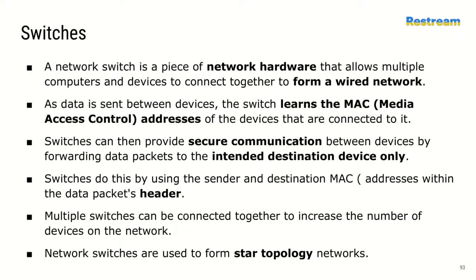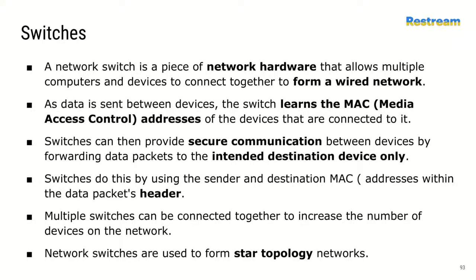The next thing is a switch. A switch is a piece of hardware that allows multiple computers and devices to connect together. Switches are only used in a wired network, and therefore can only be used in a local area network.